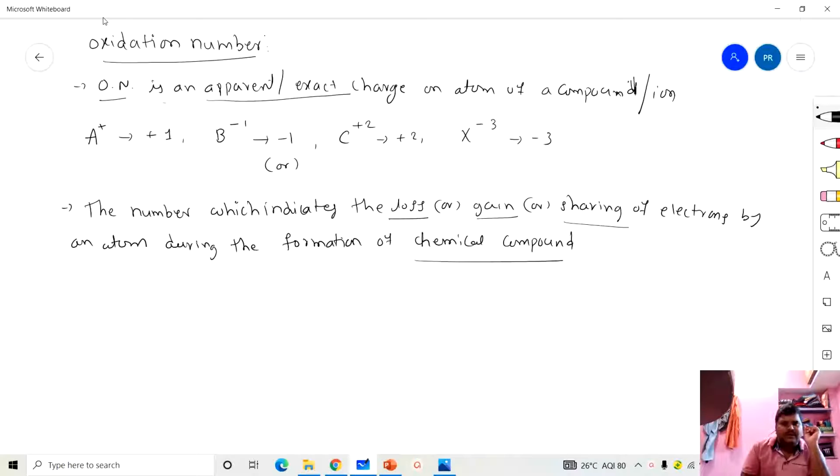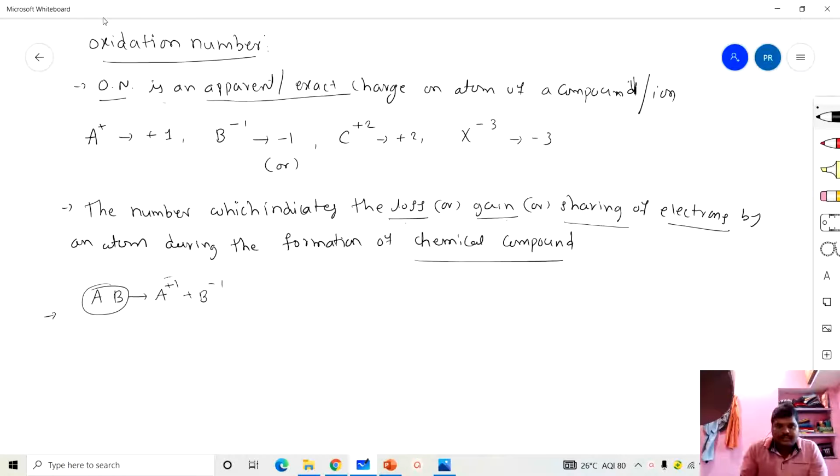So the number which indicates either loss or gain or sharing of electrons by an atom during the formation of a chemical compound. For example, A and B are there. A loses one electron and B gains one electron, and a chemical compound is formed.